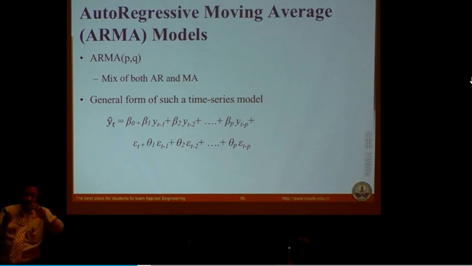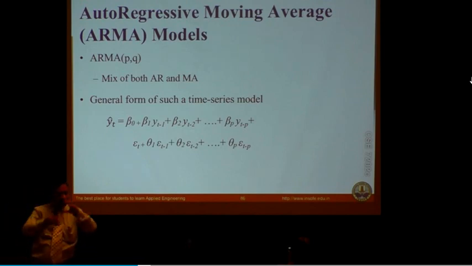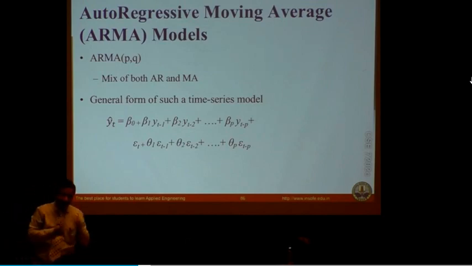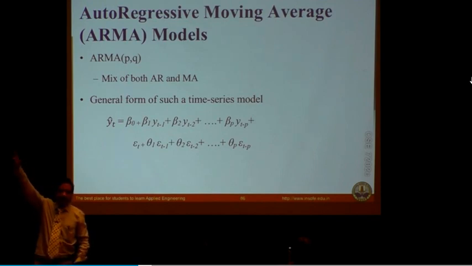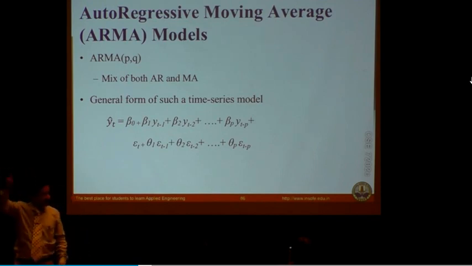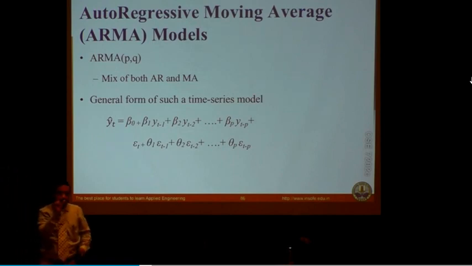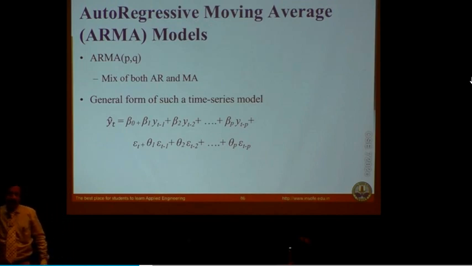But auto-regression and moving average can work interchangeably. In the sense that, I have an auto-regressive model, a straight line, a simple y is equal to mx plus c kind of thing. But I can take a lot of small moving average components and I can build the same thing.